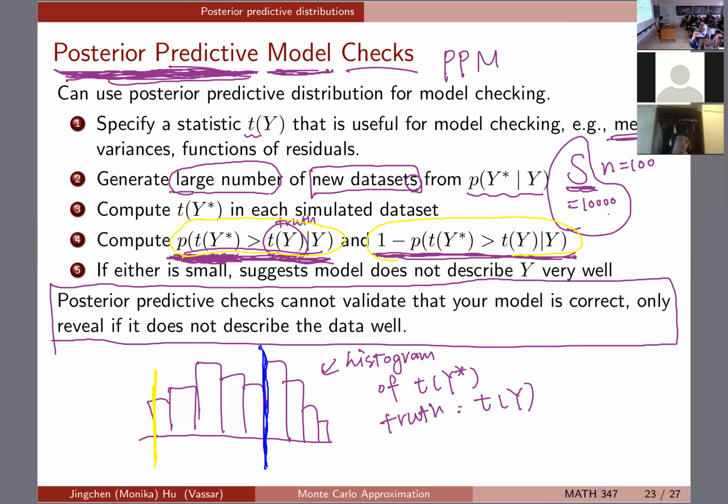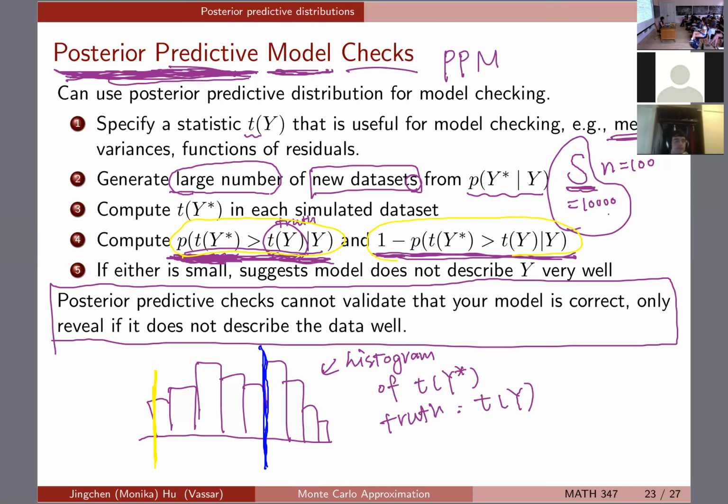The posterior predictive distribution is actually based on the posterior distribution of the parameter, right? Think about the procedure we talked about earlier, how you generate new waiting times of accidents, for example. You generate beta from its gamma posterior, and then based on the model, which is the exponential model, you generate new waiting times. So the posterior predictive is a combination of a lot of things together.